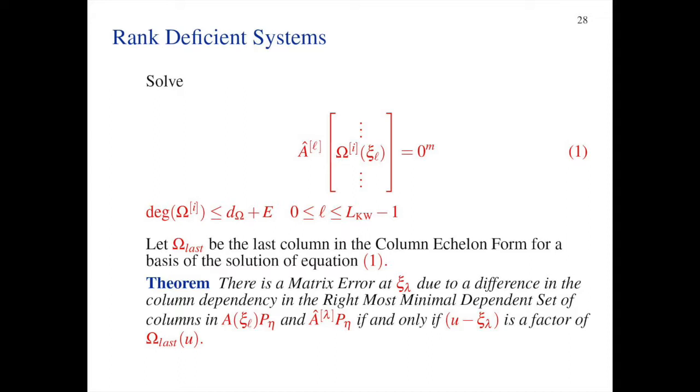And it turns out that there's a matrix error at xi sub lambda due to some column discrepancy if and only if, let me make sure I'm saying this right, when I solve this homogeneous system.